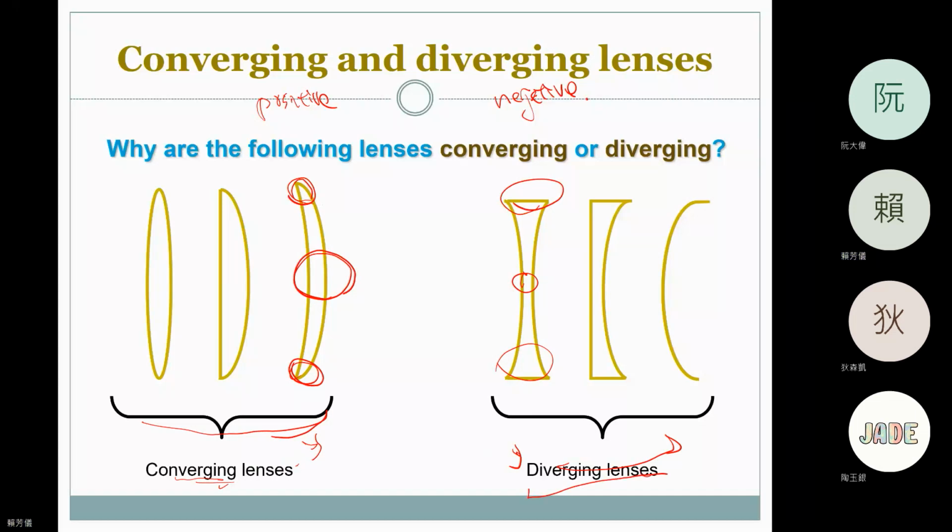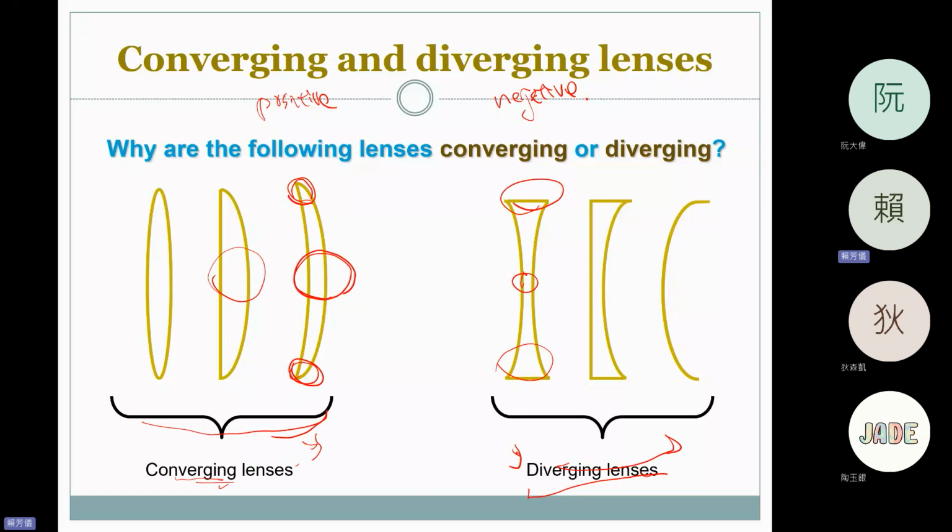But if we don't want to use a finger to test the thickness, we can use the watch method. If you look at a wall or an object very close through a convergent lens, you will see an enlarged virtual image.